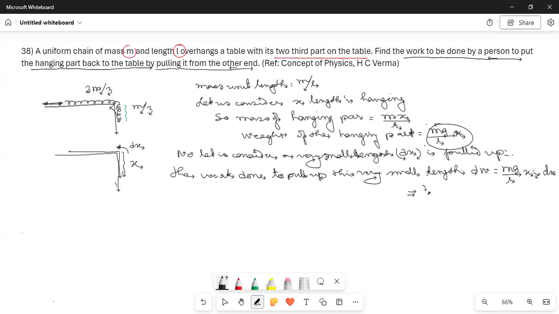Write it down here again so that it is easily visible: mg by L into x into dx.